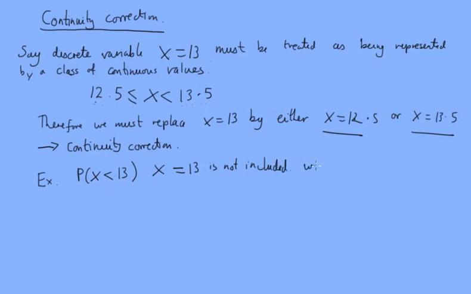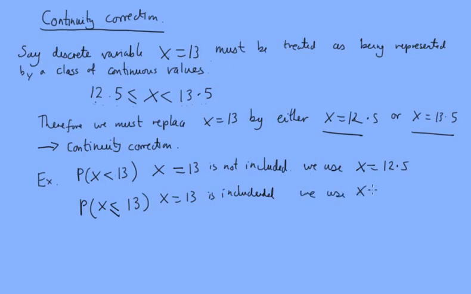So we use x is equal to 12.5. If we had to find the probability of x less than or equal to 13, so x equals 13 is included, we use x is equal to 13.5.